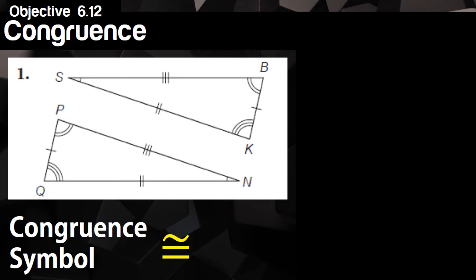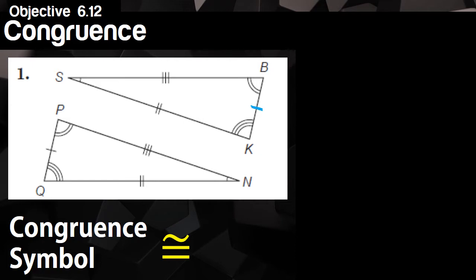So here we have example number 1. We have two triangles and we have a bunch of information all over the place here. So let's tell you what this is about. If we look at the top triangle, on the sides, these are called slash marks. The slash marks will tell us information about both triangles.